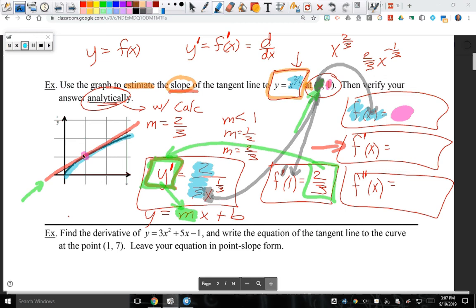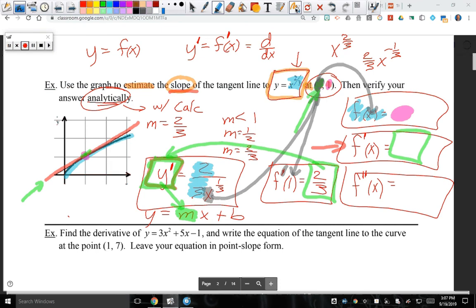And then if I put it into the derivative function, we saw that it gave us 2/3. At that same point, it's the slope of that. And I'll stop there for now, because there's a lot more to that, but that's in a couple of units. Okay? Awesome questions, guys.